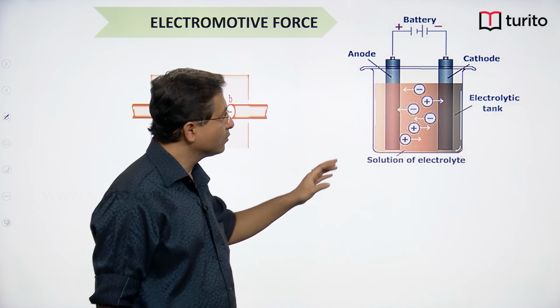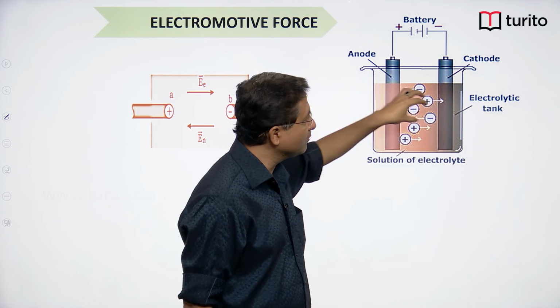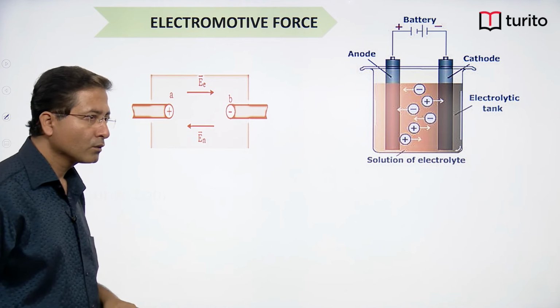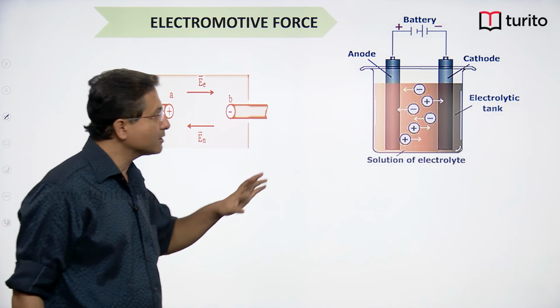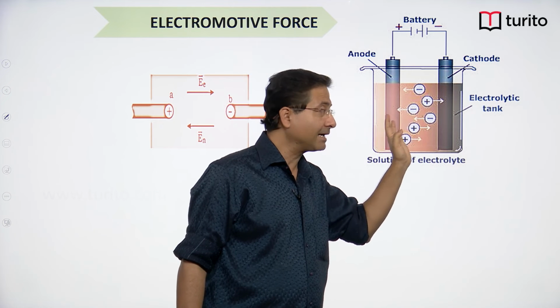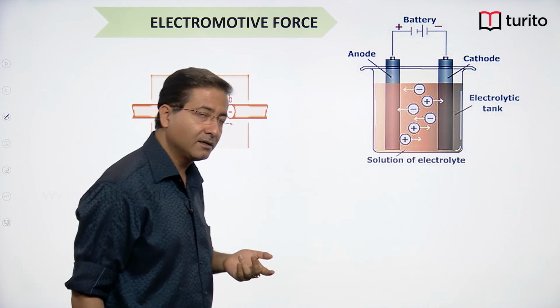So between anode and cathode, ions will be moving inside. As one is the positive terminal and another is the negative terminal, there exists a conservative electric field.